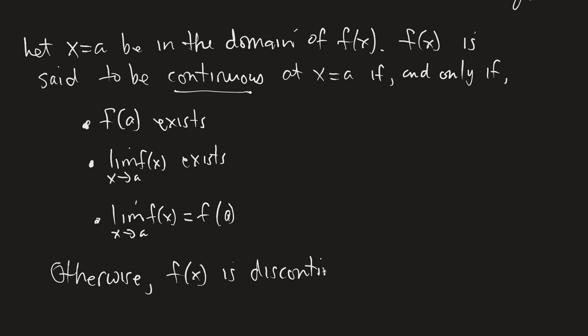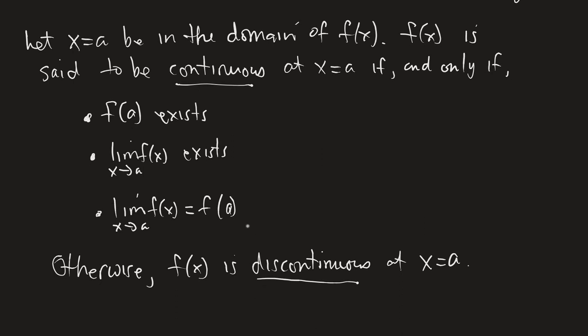You can write whichever you'd like. Discontinuous at x equals a, right? So again, in words, for a function to be continuous at a point, the function value has to exist. The two-sided limit has to exist, and then they have to be the same. The two-sided limit and the function value have to be equal, right?